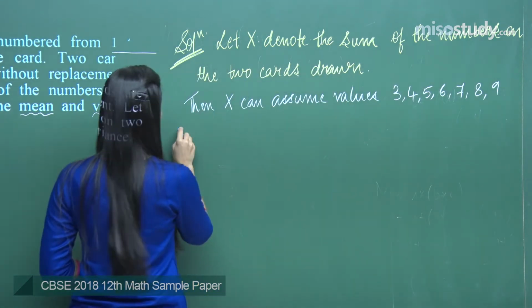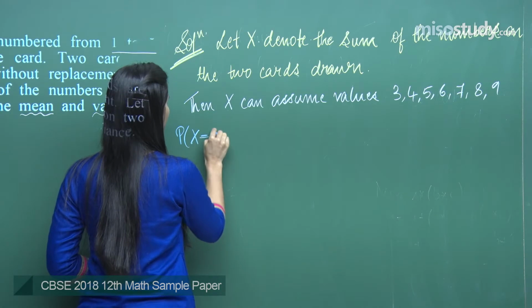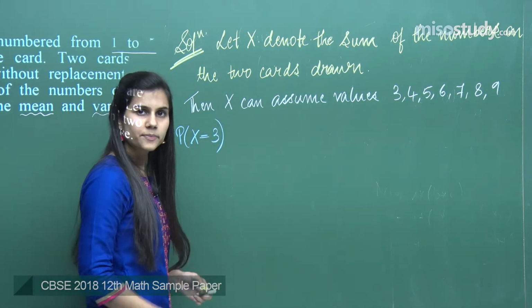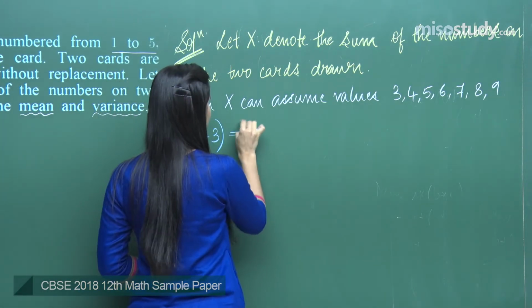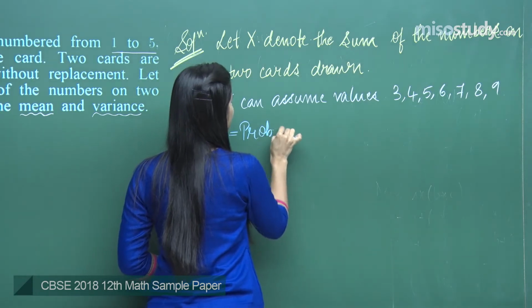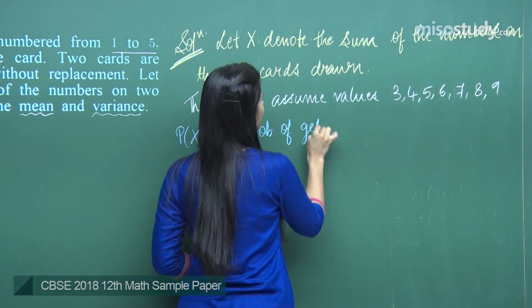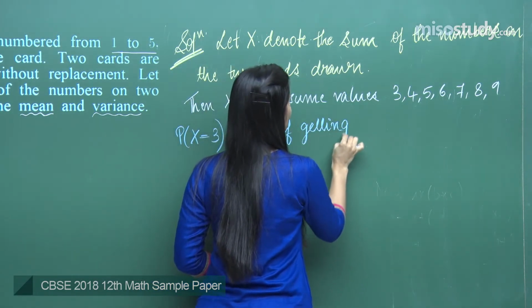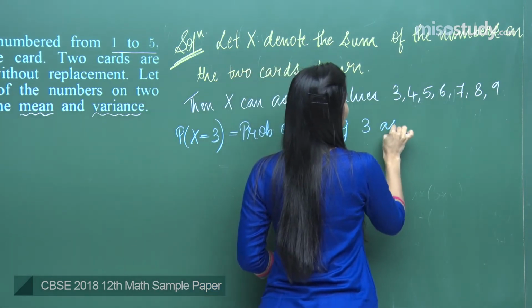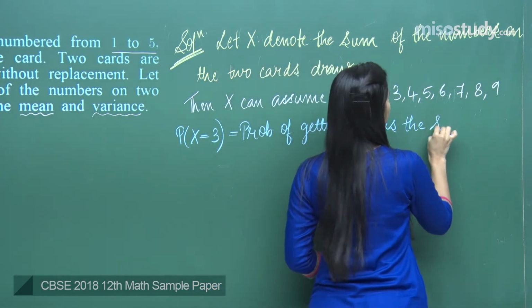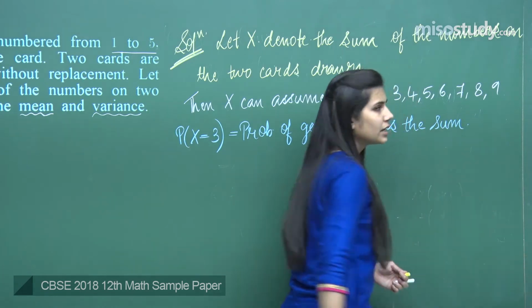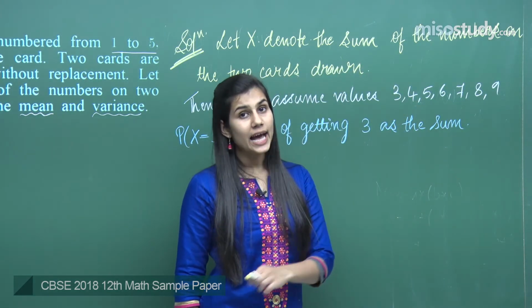Now I am interested in this, that is, the probability of getting 3 as the sum. Now when can I get 3 as the sum?